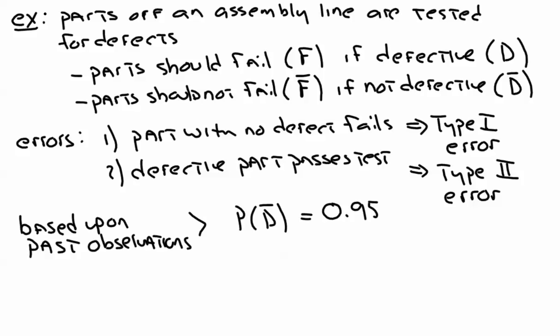We also know this. We know the probability that a part will fail, given that it's not defective, is 3%. This is a type 1 error.